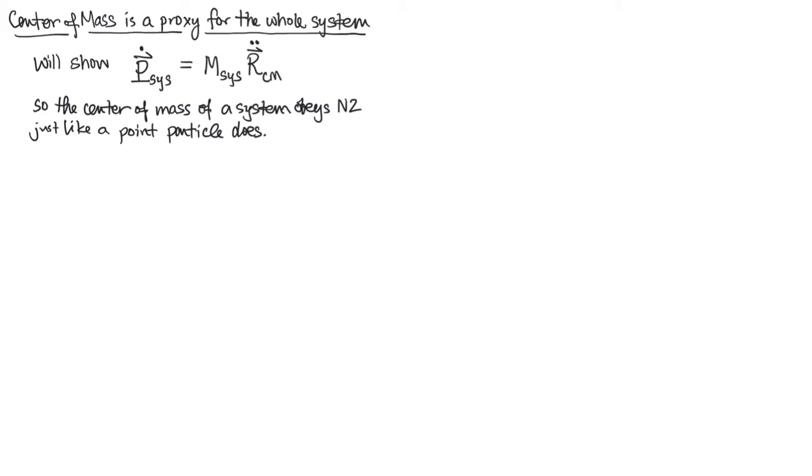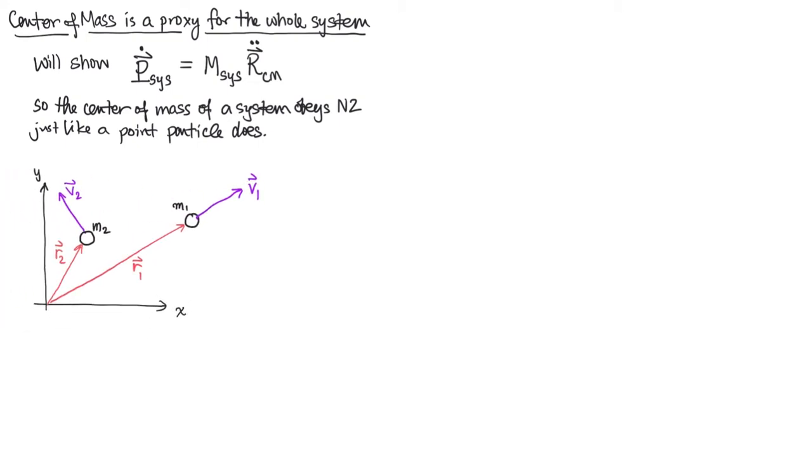And because we know already that P dot for the system is equal to the net external force on the system, Newton's second law, what this equation here tells us is that we can treat the center of mass of our system as a kind of fictitious particle, an imaginary particle that moves in accordance to Newton's second law. So you can think of the center of mass as having an acceleration, and that acceleration is representative of the full system.